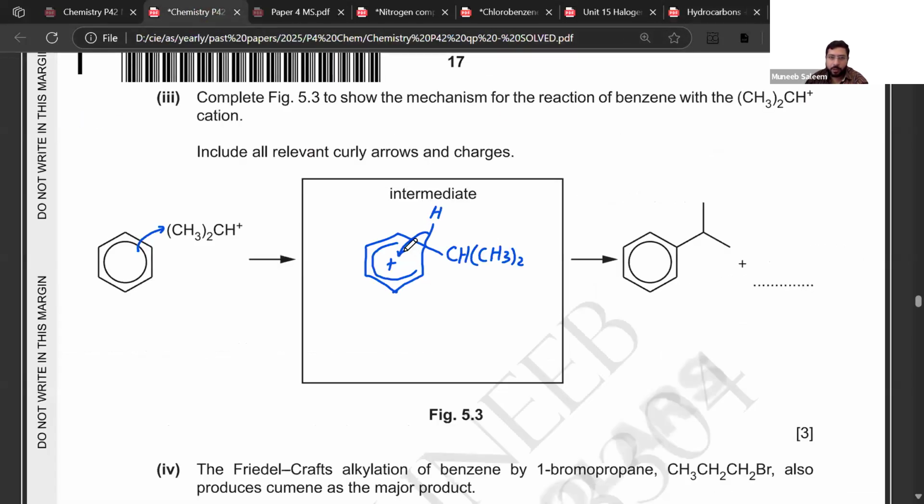So it moves back into the benzene ring, and then we have the formation of this whole compound along with the formation of the hydrogen ion. So this is how we represent the mechanism of this reaction. All right.